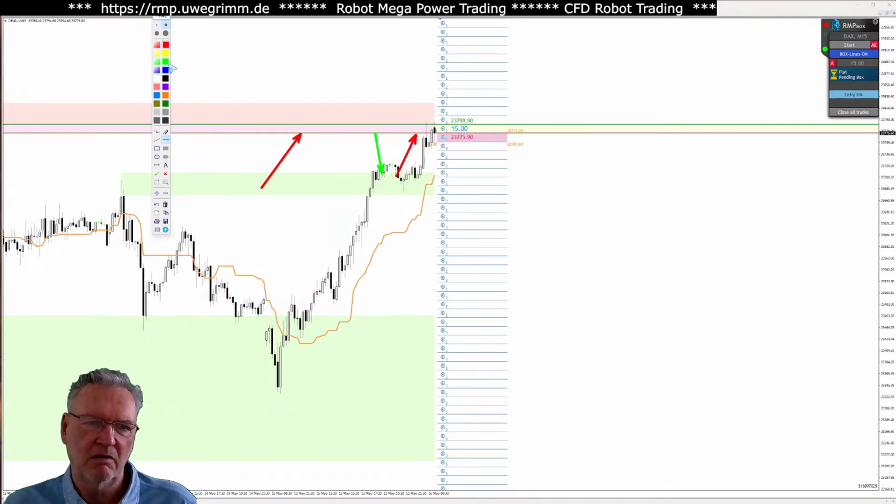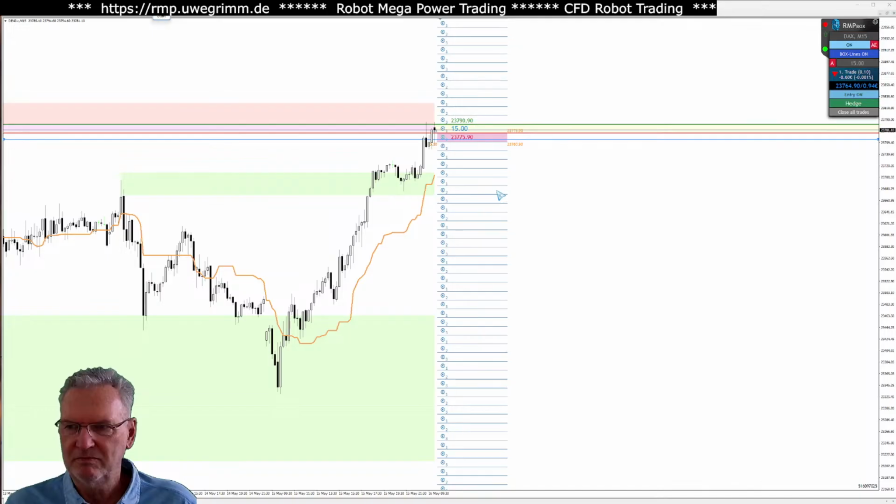So our strategy is to place a pending box so that the market will dive in, as it did already, and then go back. This is the idea.